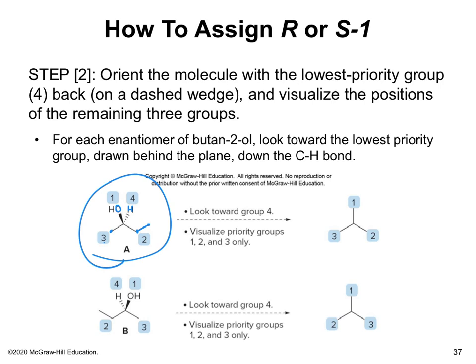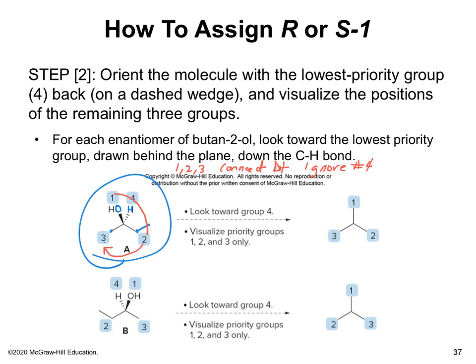Now what I do is I connect the 1, 2, 3. I connect the dots. Okay, so I ignore 4. I don't even look at 4 and I go, okay, where's my 2? I go from 1 to 2 to 3.